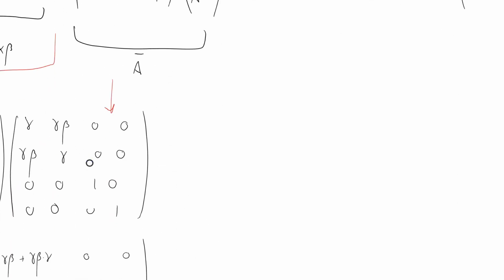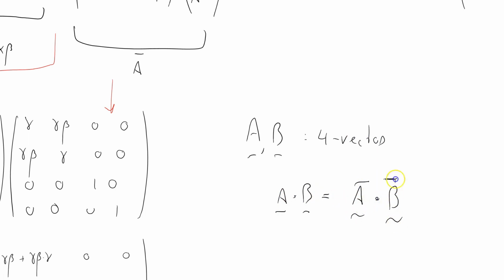So just to summarize this whole thing, a and b are 4-vectors. A dot b equals a bar dot b bar, where the bar means the 4-vector as expressed in a Lorentz transformed coordinate system.